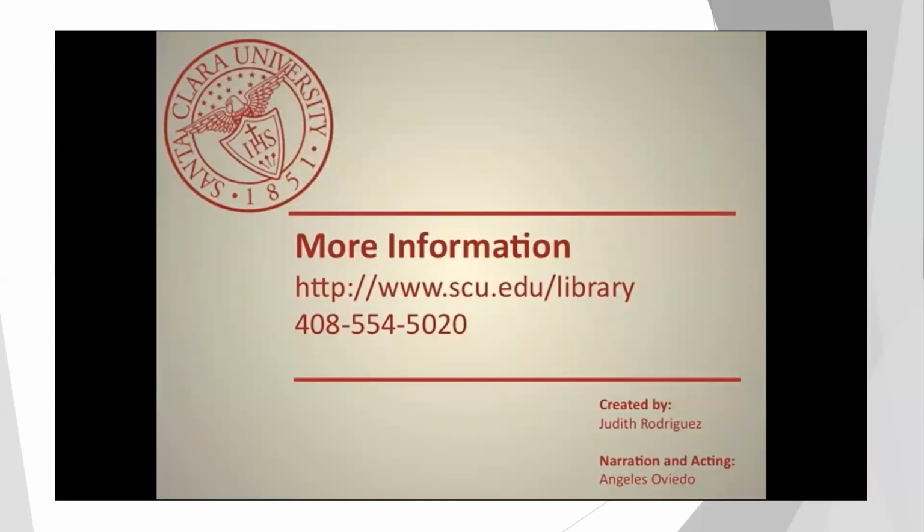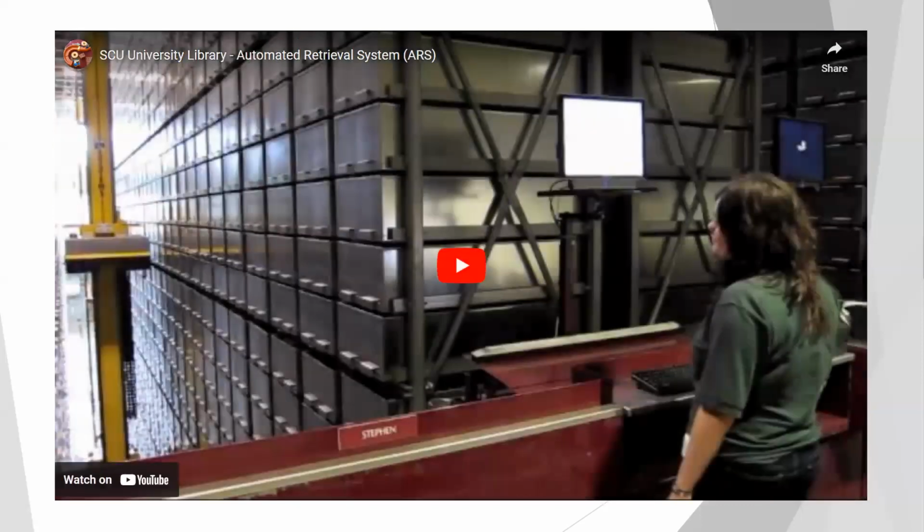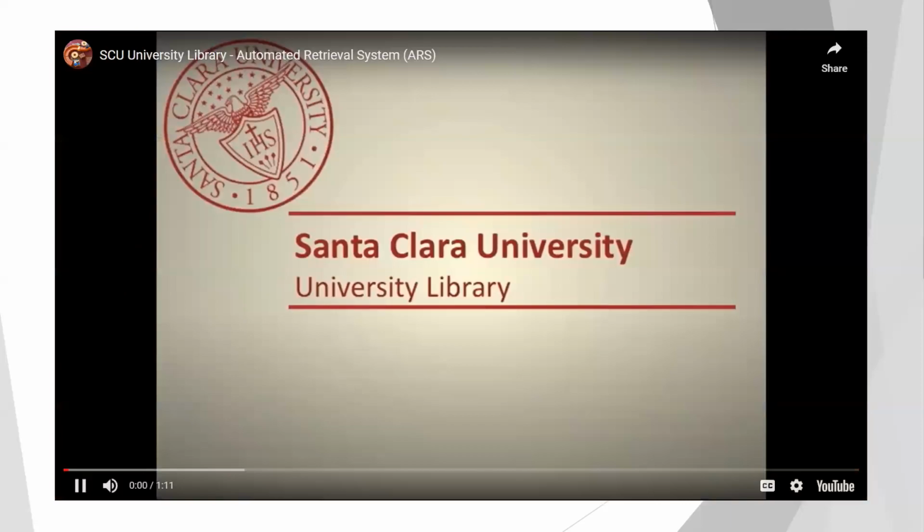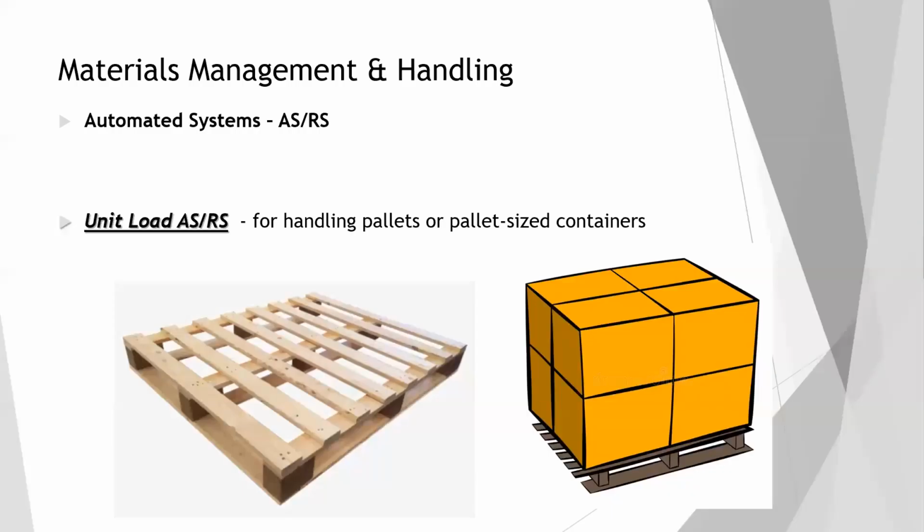So this is a great example of an automated retrieval system. Again, the two types of ASRS we have are unit load and mini load. Unit load is used for handling big stuff: pallets and pallet-sized containers.